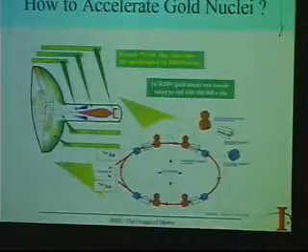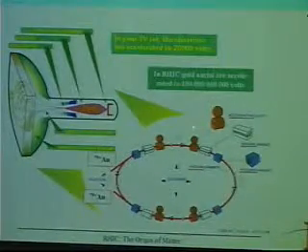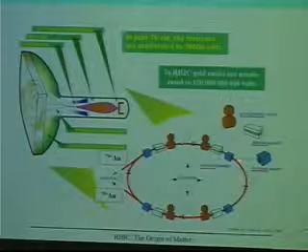And then in a second sort of hardware effort at an accelerator, it's necessary to accelerate them to very high energies. And this is done by so-called cavities. These are devices which can have very high electric fields. And it's actually inside these devices where these particles see very high fields up to about 10 million volts per meter.